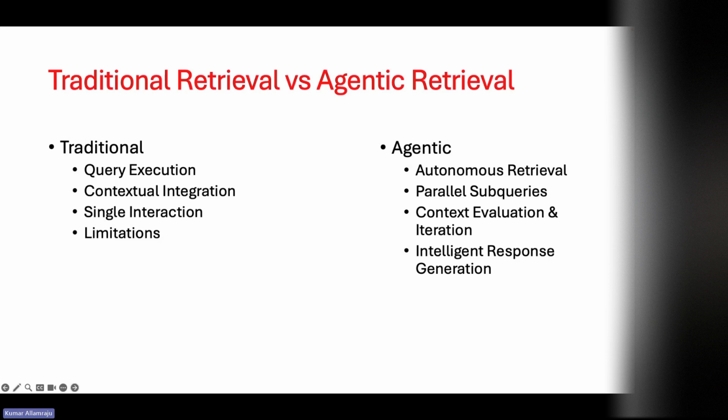But now on the right-hand side, let's talk about agentic retrieval, right? What it does is use some sort of autonomous reasoning and decision making. It dynamically retrieves from multiple sources and refines its search. It executes parallel queries to enhance the search and applies semantic ranking on top of it to give more meaningful results.